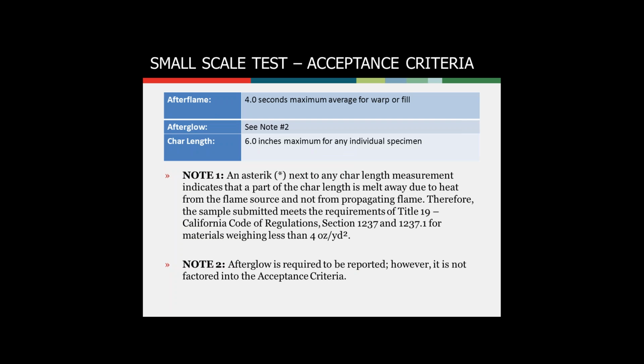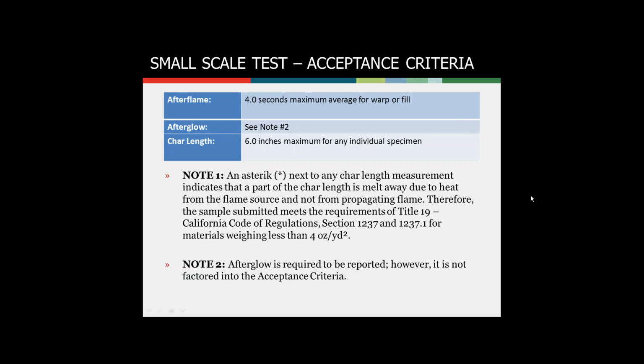This is the afterflame and the char length values that we had given previously. Something we have to really pay attention to in our lab: if there is any product, and this happens quite often with some synthetics, you'll see that the product is really not burning.